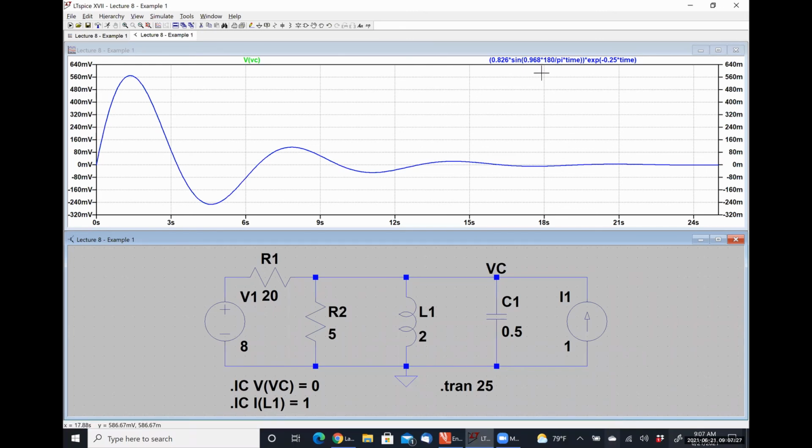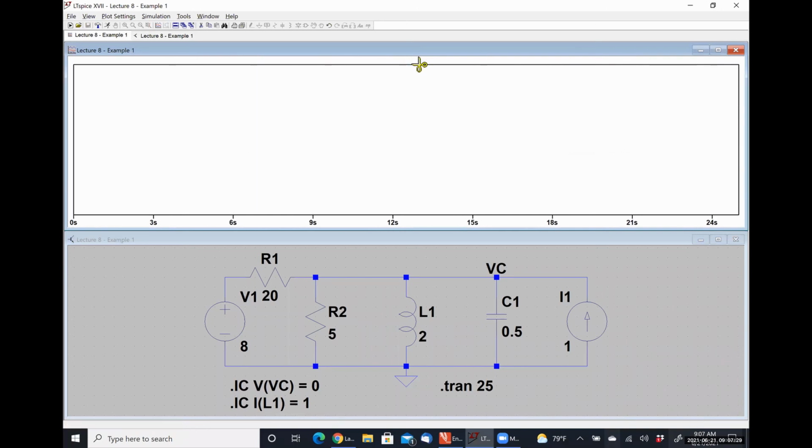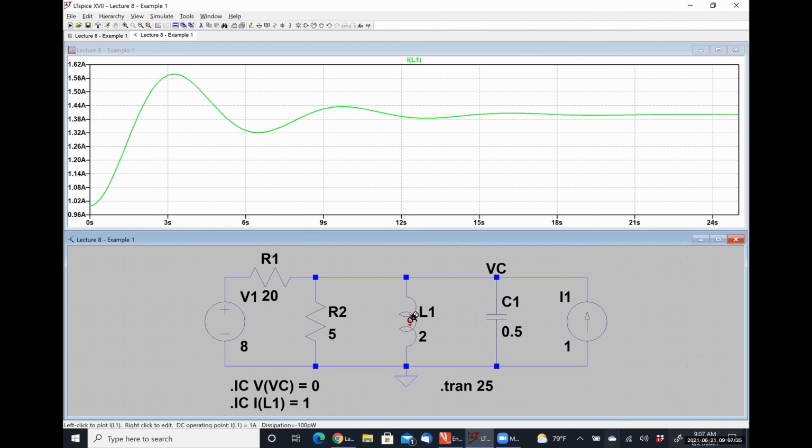I can also verify my expression for the capacitor current, or excuse me, my inductor current, right? So if I click over the middle of the inductor, I get my current probe. Now let's put in that expression. So add trace.